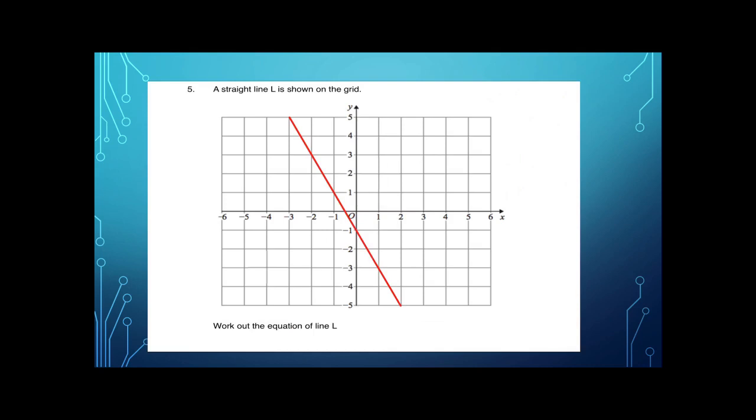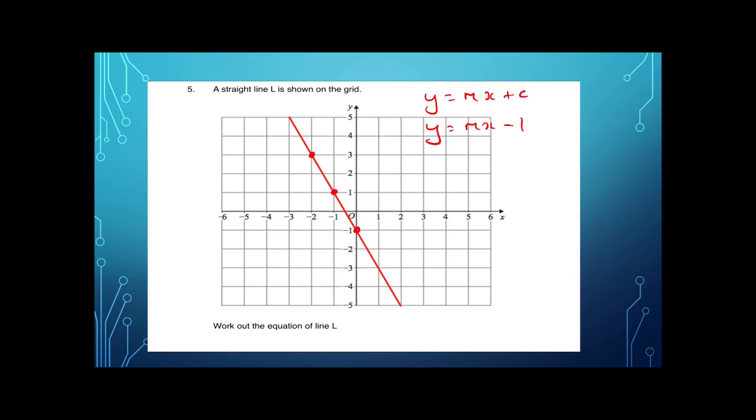Let's work out the equation of the straight line. Hopefully we're now seeing how powerful this y = mx + c is. So the y-intercept is negative 1. And I want to work out the gradient of the line.